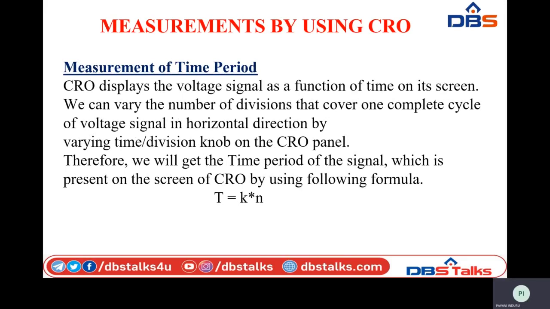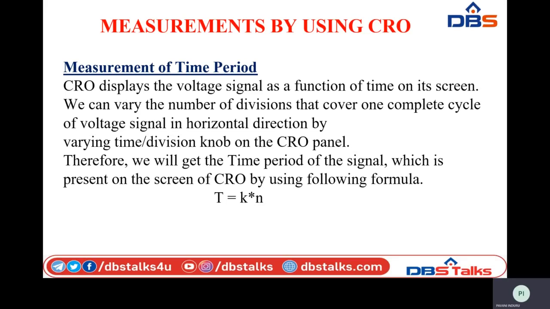Similarly, we can find out the time period with the help of the CRO. By using the same procedure, but here we need to adjust the time per division knob, which is present in the horizontal section. The CRO displays the voltage signal as a function of time, and we vary the number of divisions that cover one complete cycle of the voltage signal in the horizontal direction, by varying the time per division knob present on the CRO panel.